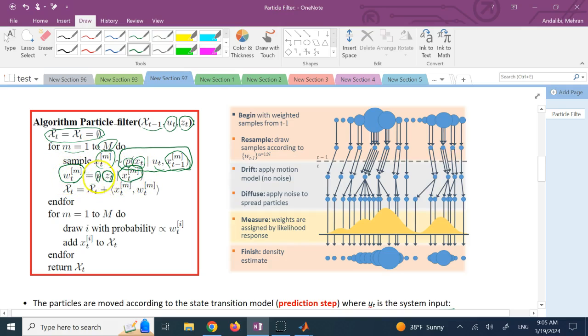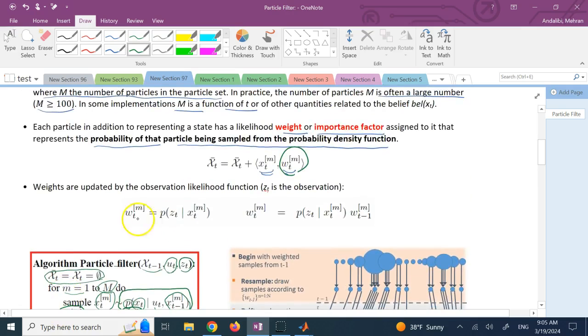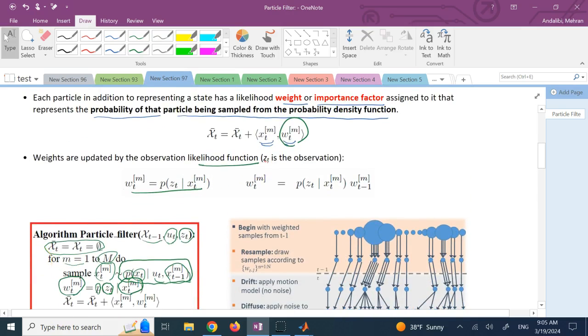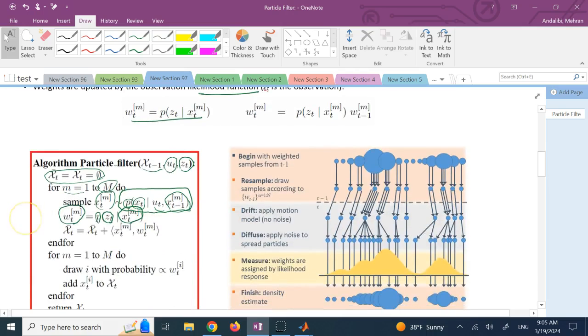So this function here, P of Z, P of observation given the state, is what we call the likelihood function, right? So this is the likelihood of observing given the state. And once your state and weights are updated, go ahead and add them to your particle set. Okay? So this is the part where you do the prediction and weight update.